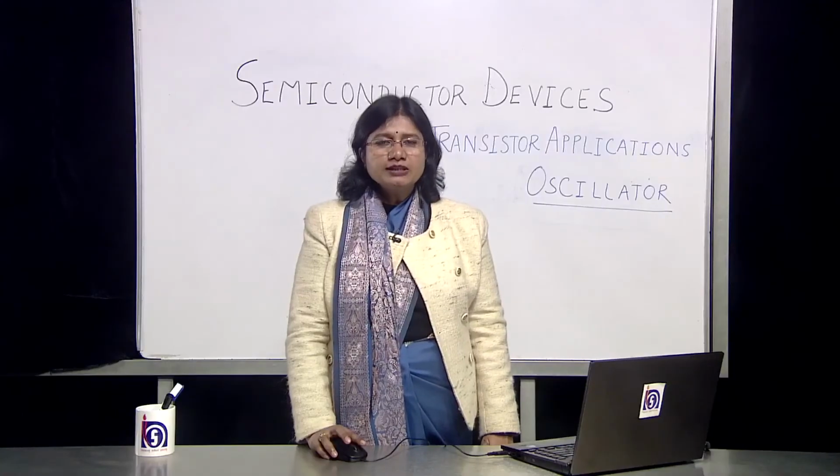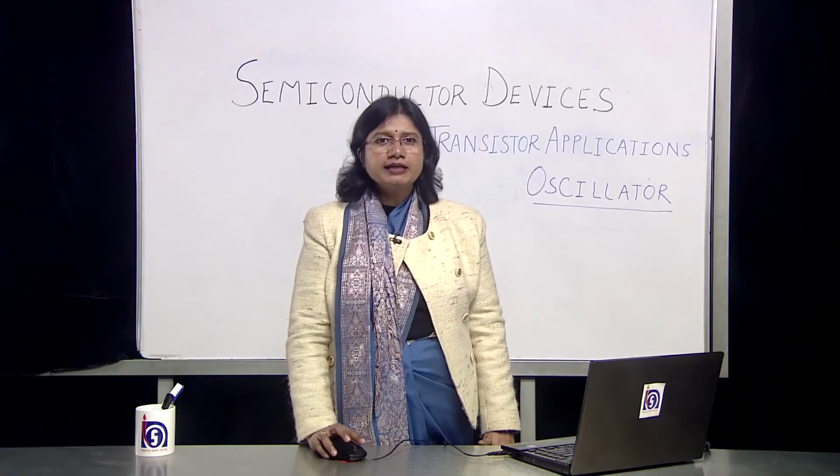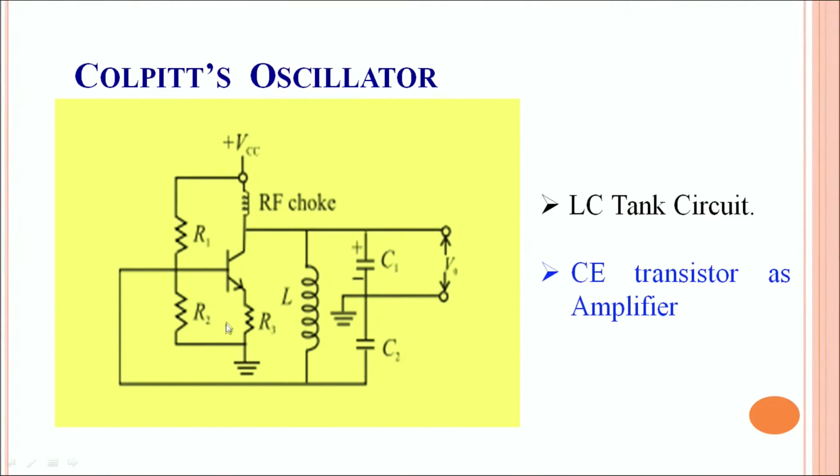In the Colpitts oscillator, the input part of the circuit indicates that a small input signal is amplified with the help of this amplifying circuit. Now some portion of this amplified output is fed back via this combination of the LC tank circuit. This is an inductor and this is the capacitor.